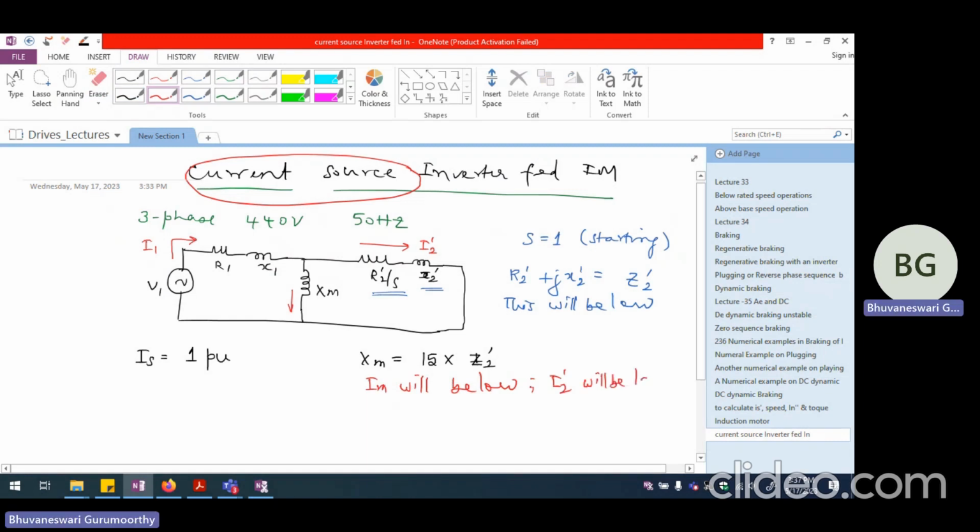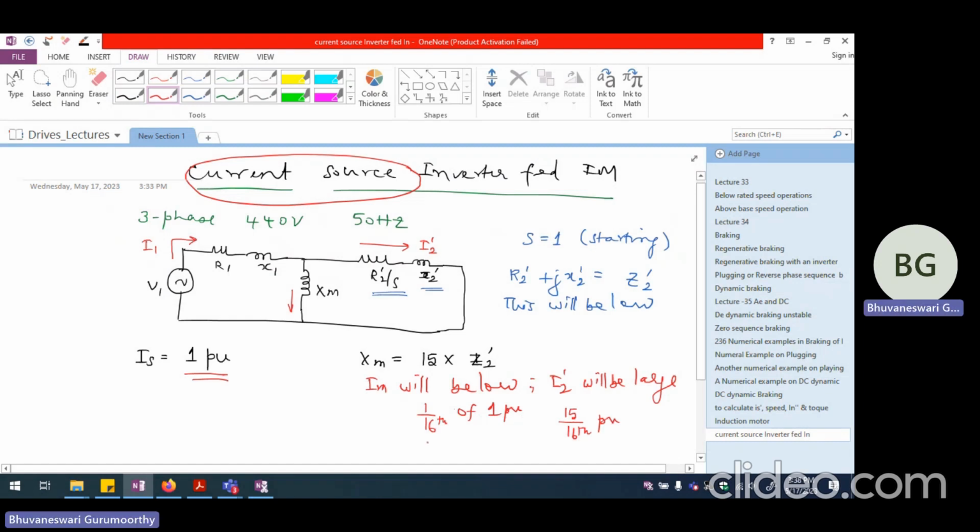But what we mean by large or low is also relative values of them to each other. So if I'm supplying only 1 per unit in total, I'm going to have 1 by 16th per unit, that is going to be Im, whereas 15 by 16th per unit is going to be I2 dash.